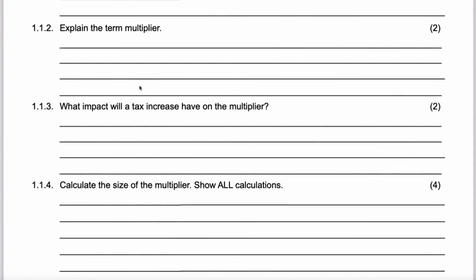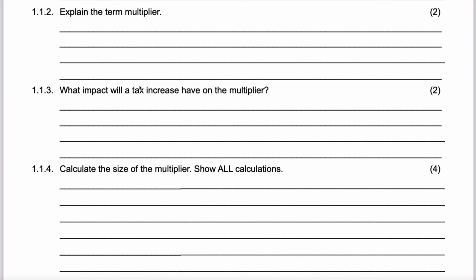Number 3, what impact will a tax increase have on the multiplier? Well, tax is a leakage first and foremost. Now, if we increase a leakage, it will decrease our ability to spend. So we are going to spend less. If we spend less, definitely that will affect, or most likely affect negatively, the value of the multiplier.